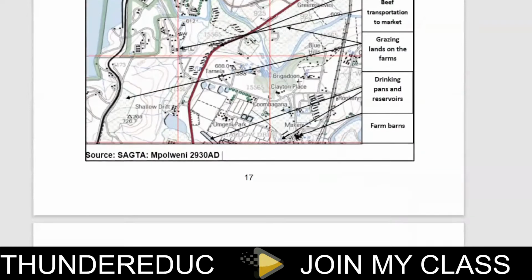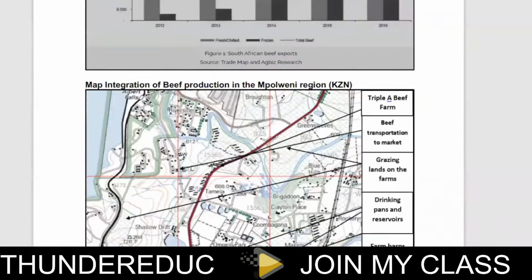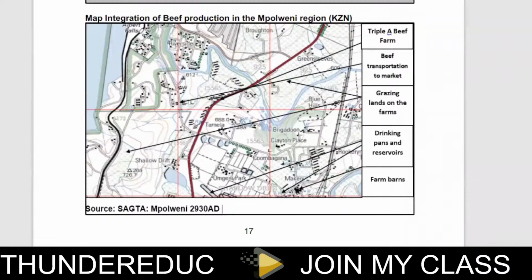So in this case, what do we understand? We know that because of beef production, infrastructures will be constructed. Remember, they need to transport these products, the beef, to the market center. So they have to establish infrastructures. So you'll see that if there are roads, you can interpret it that if they ask the factors that contribute to the development of beef production, there is well-developed transport and communication, extensive farms.